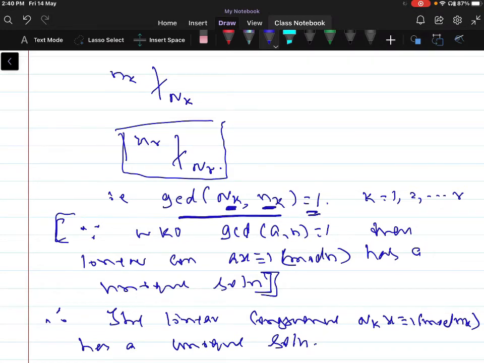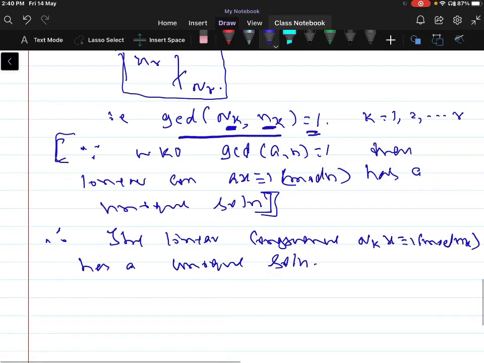Therefore you can write the linear congruence capital Nk into x is congruent to 1 modulo nk has a unique solution by using this property.